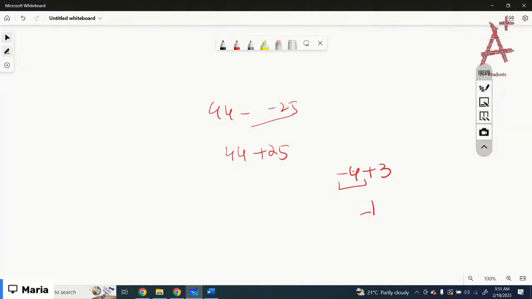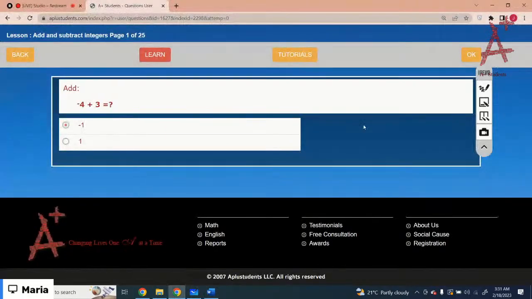That would be negative 1. If both the numbers are positive or both the numbers are negative, in this case, you have to add them. So if one of the numbers is negative, you have to subtract them and put the sign of the number that is greater. Got it? Okay, so for this one, the answer is negative 1.